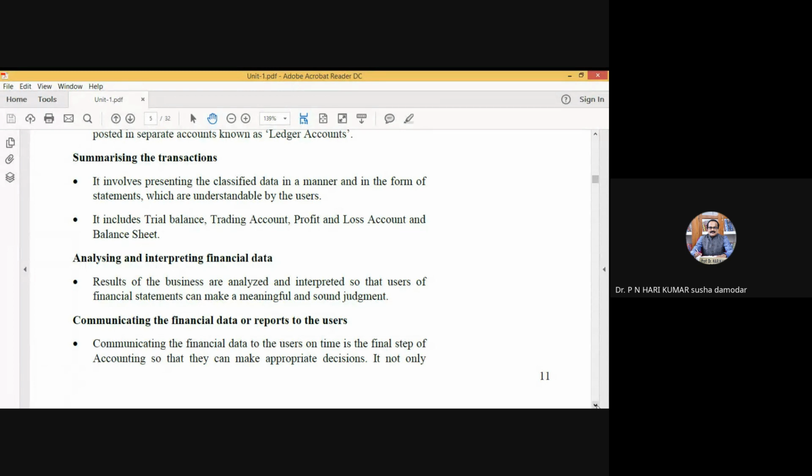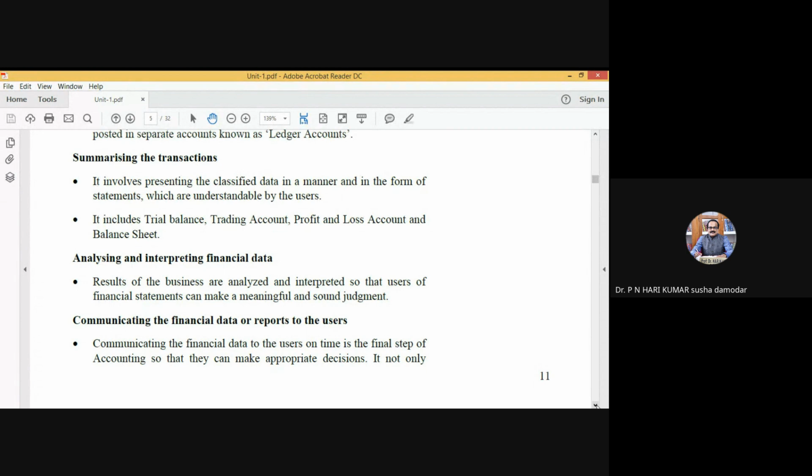Therefore, it is the responsibility of a manager of the biggest enterprise to summarize, record, classify, and interpret the result of all the business transactions, and that must be useful for the manager to take rational decisions under any conditions in future.